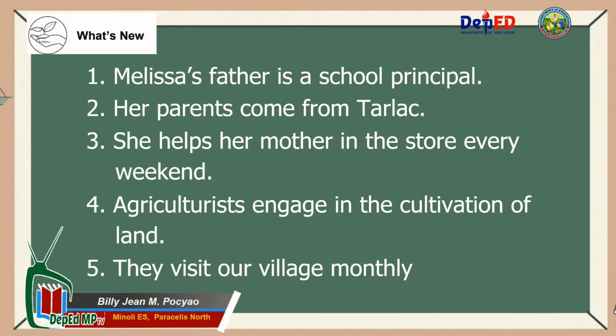Which sentence expresses an action that is done repeatedly or habitually? We have sentence number 3 and sentence number 5. Which sentence expresses facts or general truth? We have sentence number 1 and sentence number 2.